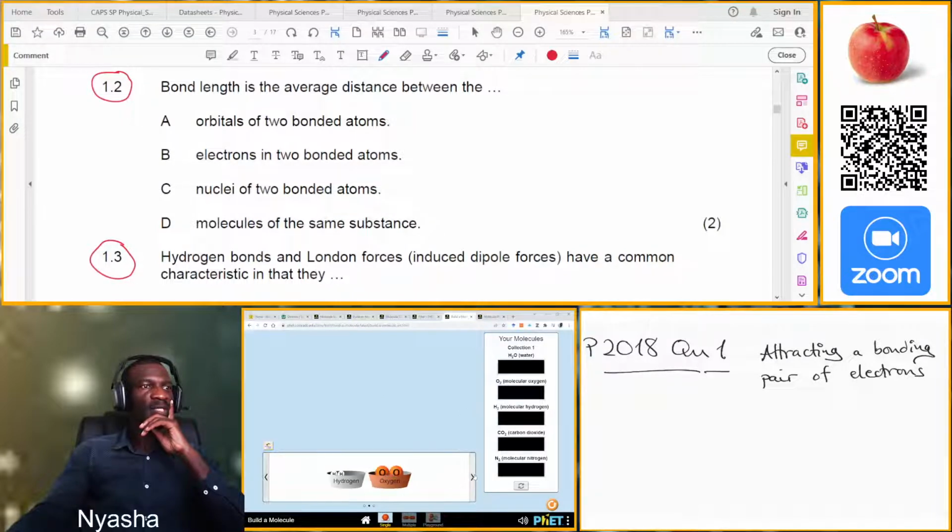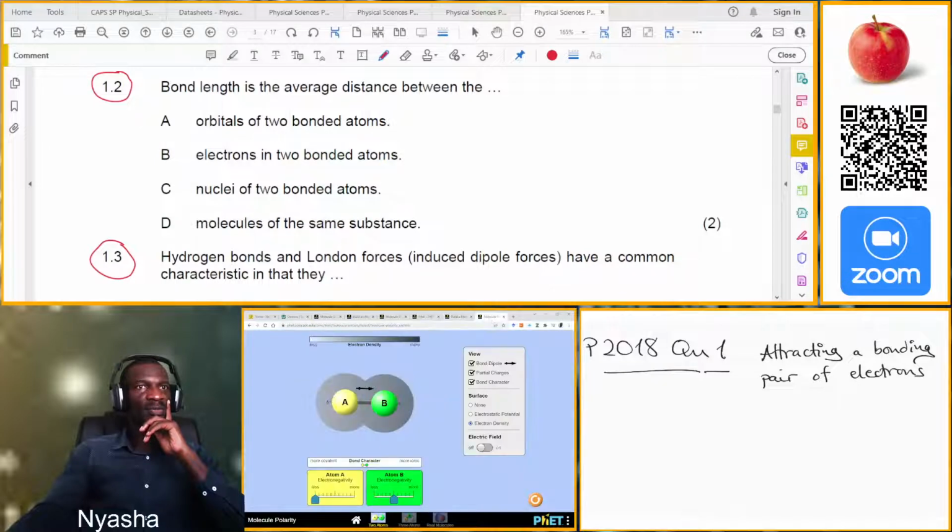I do not see an option that can give us a bond length on this tool. Let's see on that tool. We get an electron density, we get a bond dipole, so they show us the atom that is collecting more electrons, isn't it? So we've got the more negative atom.